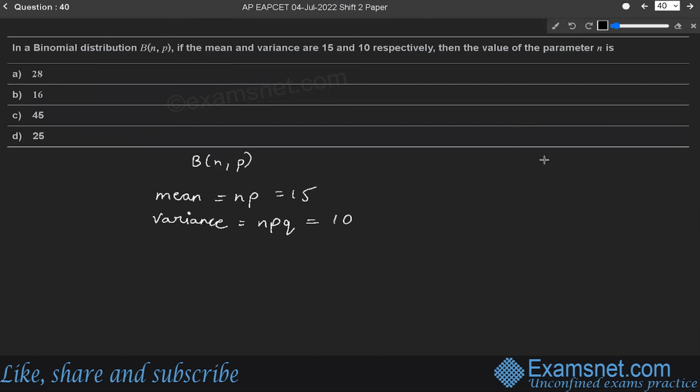In order to find the value of n, let us take np common. So when we take np common, the remaining term will be 1 minus p, equal to 10. So putting the value of np, which is 15, 15 into (1 minus p) is equal to 10. So from here we can say that 1 minus p is equal to 2 by 3.